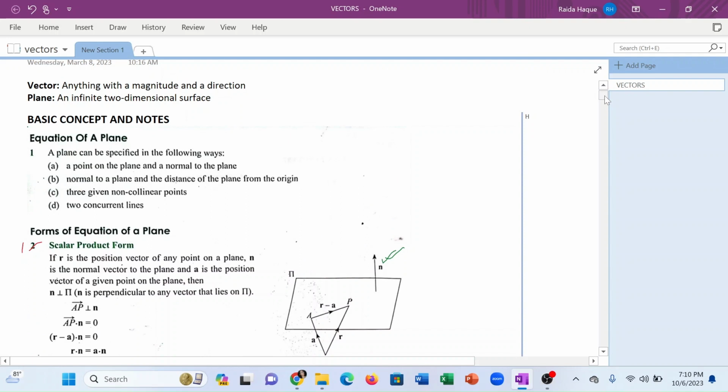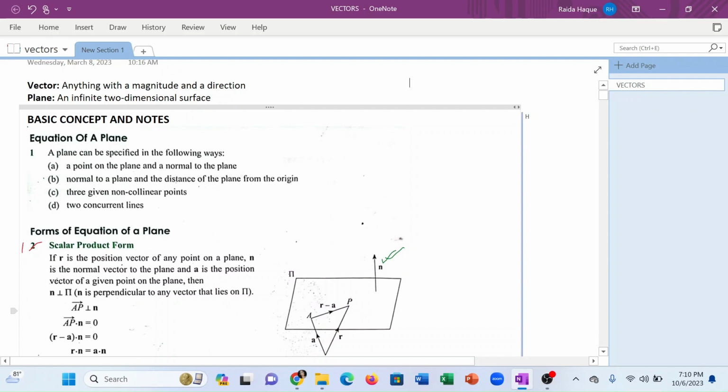It is hard to show in a 2D diagram, but you get it, right? It is always denoted by small n, and a plane is denoted by this symbol, which looks like a rotated C.